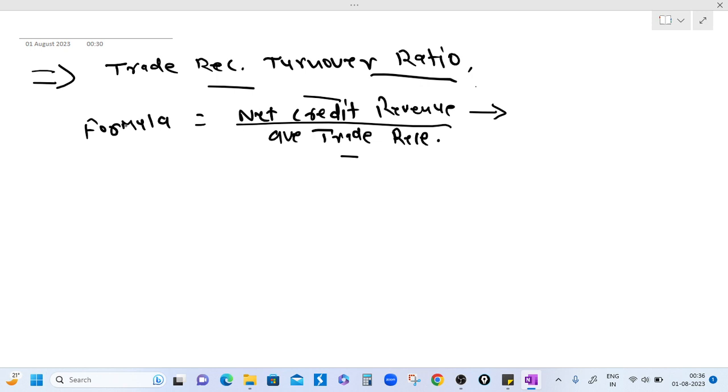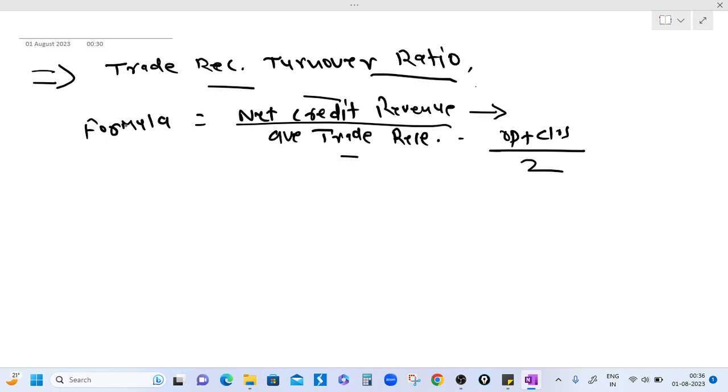Credit sales you can identify easily from the books of account, which is cash sales and which is credit sales. Average trade receivable is simply opening plus closing trade receivable divided by 2. This is how you can calculate this formula.